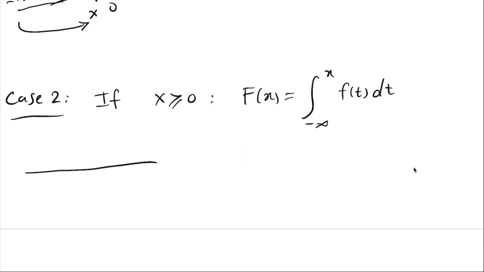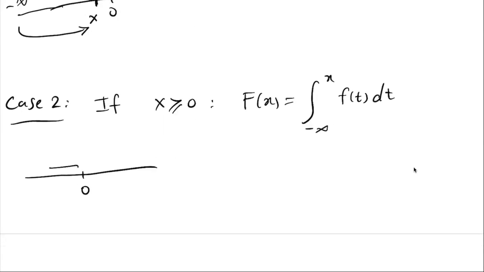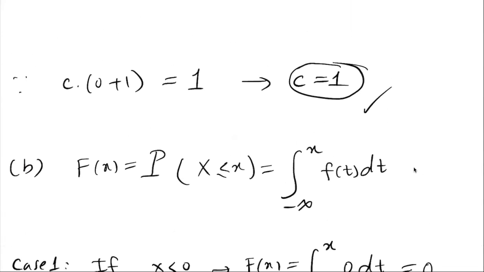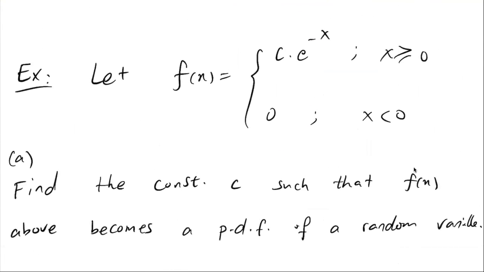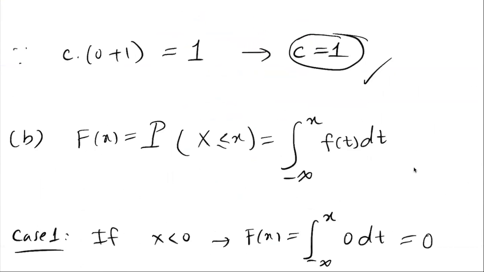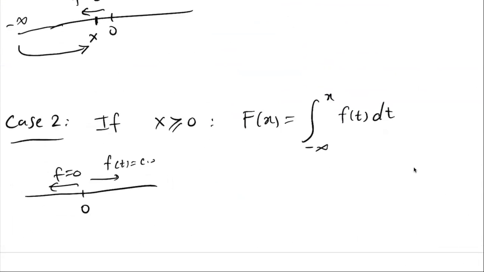So again, if we look at the real line, this is 0, and f is 0 before 0, and after 0 it's c, and c will turn out to be 1. So f of t will be just 1 times e to power minus t for t bigger than 0. So that means e to power minus t in this case.